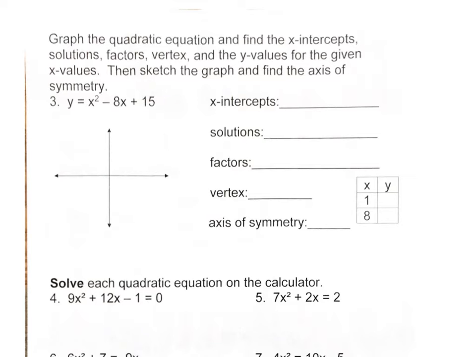So the first thing we're going to do is we're going to go to y equals. We're going to plug in x squared minus 8x plus 15. The second one's going to stay as 0, and we're going to graph it.